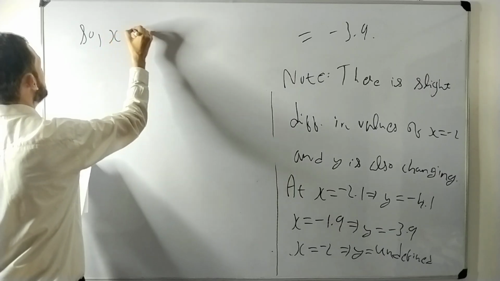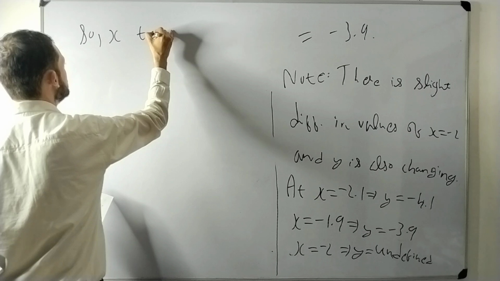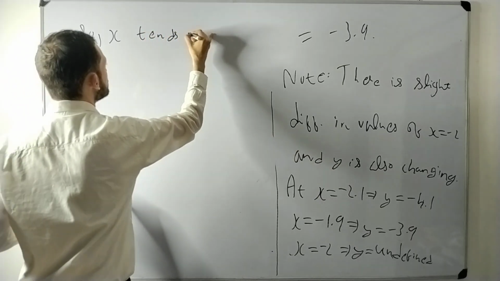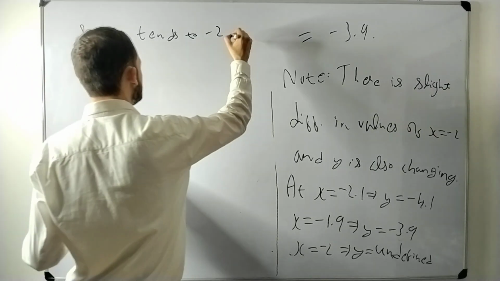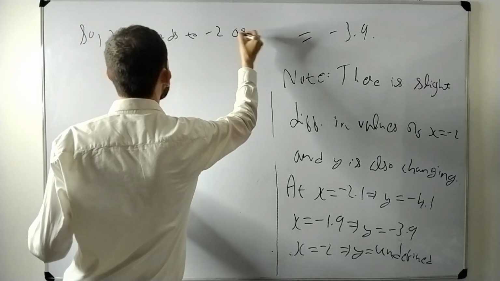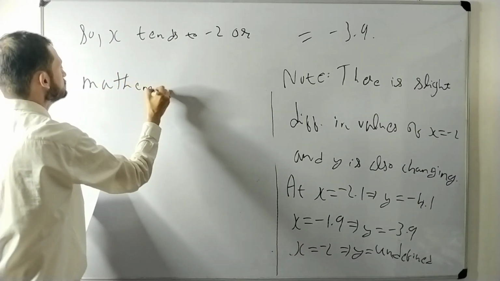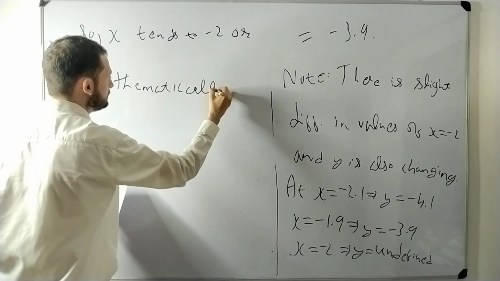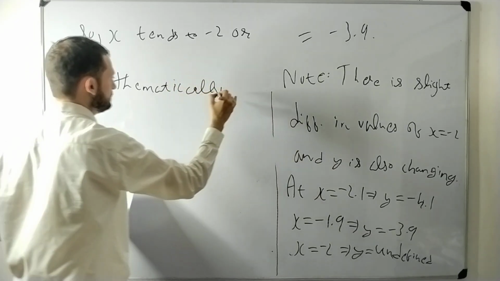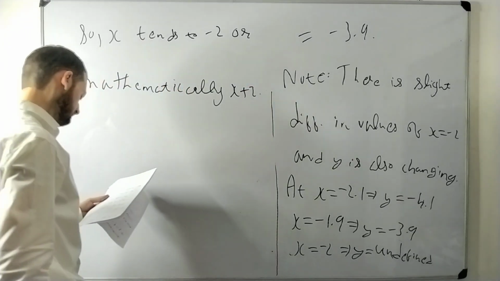What I did is x tends to minus 2, or mathematically, x plus 2, right, students?